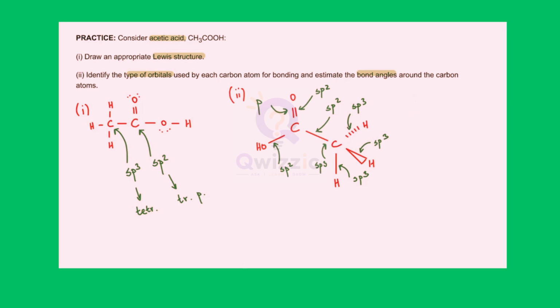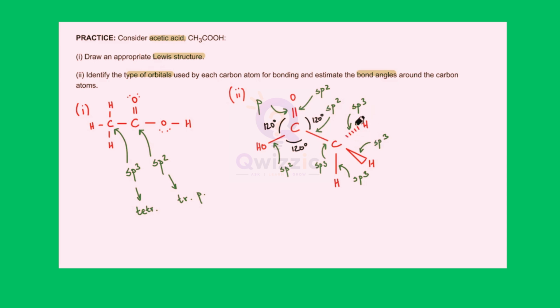And now let's identify the bond angles. We already know that carbonyl's carbon experiences trigonal planar geometry, so all of the bond angles would be 120 degrees based on the VSEPR theory.